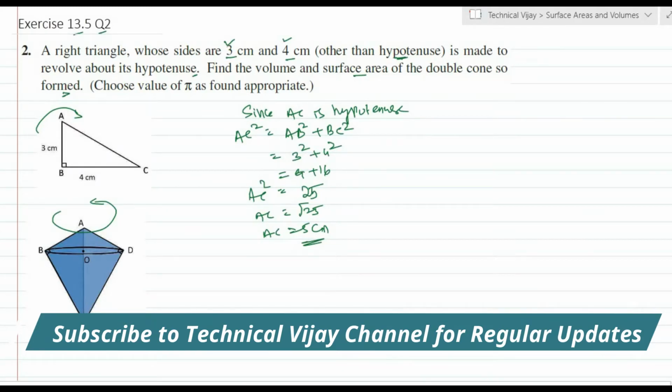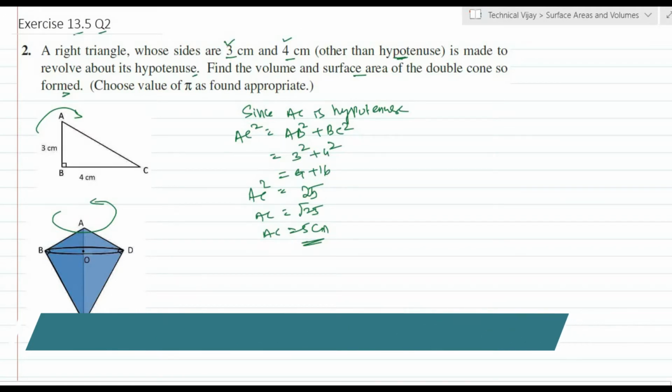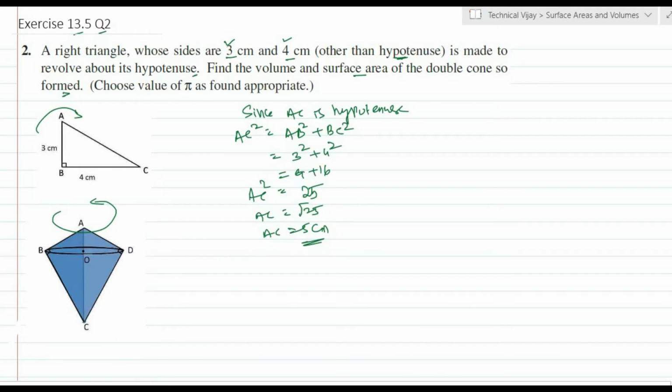So now revolving triangle ABC around this hypotenuse, we get a double cone as shown in this figure. We have to find out the volume and surface area of the double cone. It is formed in this way. This is A, and B and C here, this is the triangle.